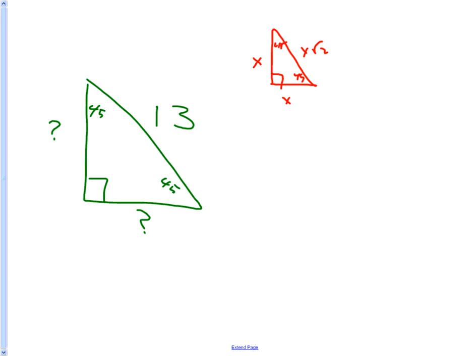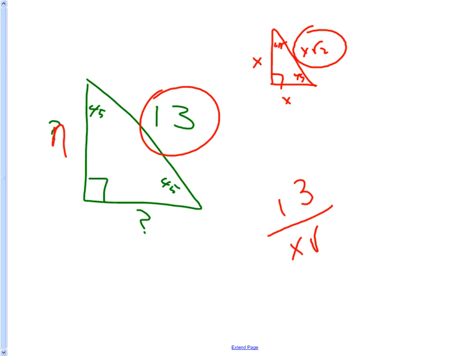Okay. And then here, I'm going to show you a different way you could do it. You could say, if I want this, I don't know what it is, I'm going to call it n. And it's going to be the same as this other one, right? So I can figure out that 13 goes with x over the square root of 2, like n goes with x.